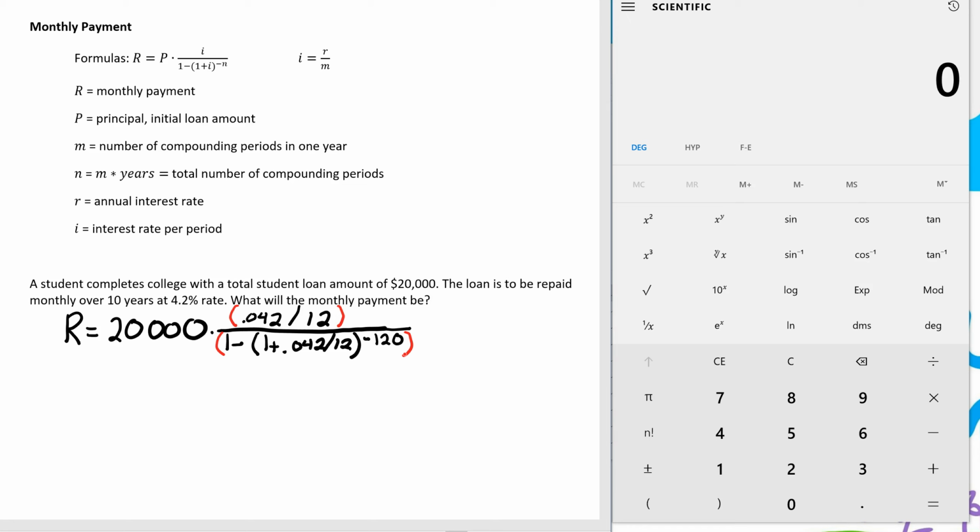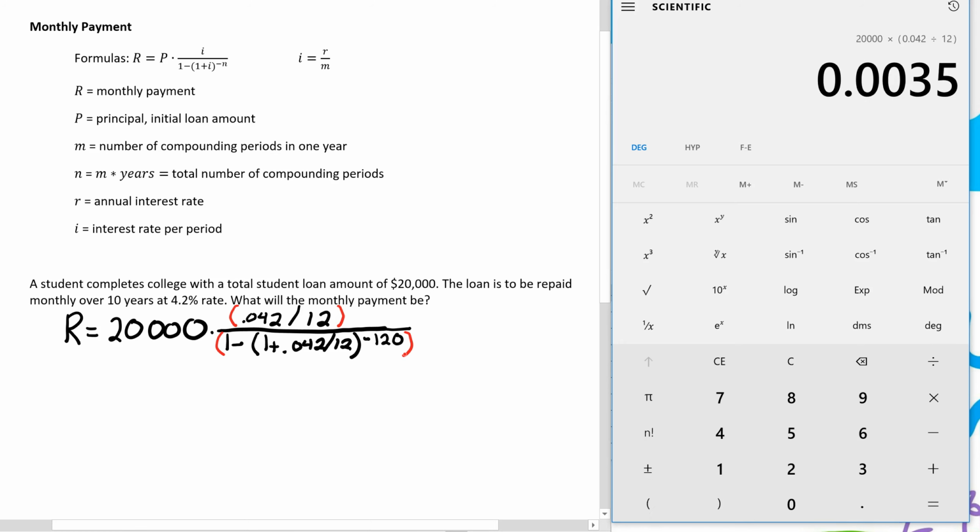The calculator on the right is similar to many graphing calculators. Now that I want to type in the denominator, put divided by for our denominator and a parenthesis to say, hey, all of this is going to be in the denominator. 1 minus another quantity, 1 plus 0.042 divided by 12.